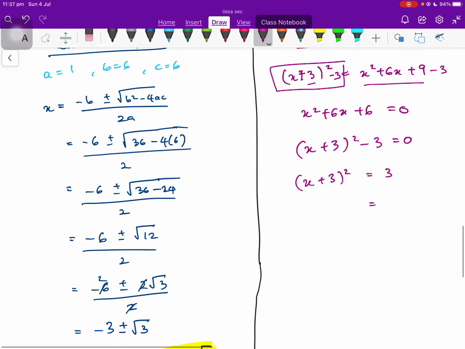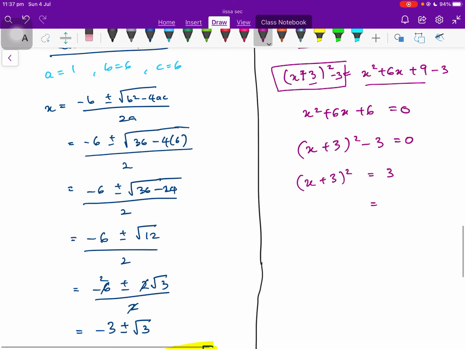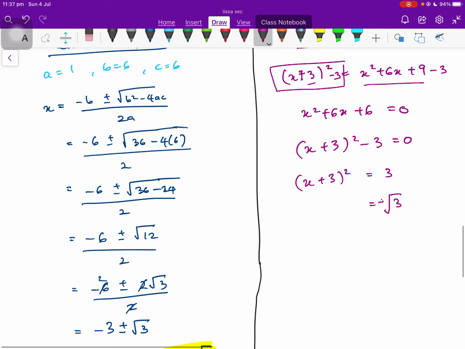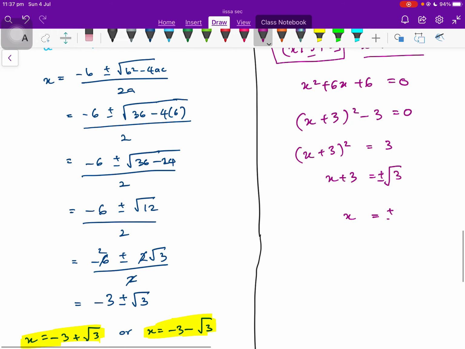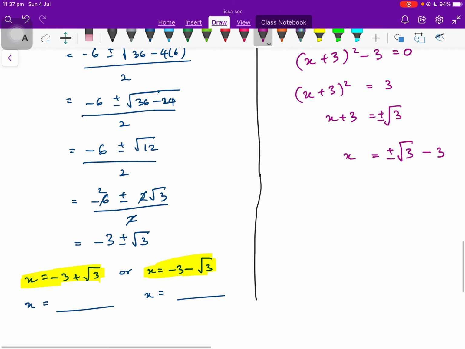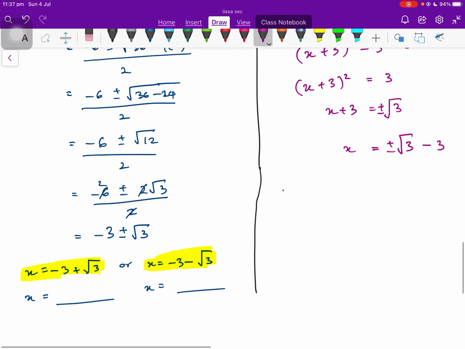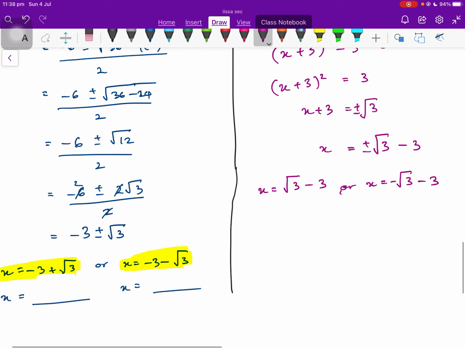So we bring the square over there, so it's going to be plus or minus, remember the plus or minus, x plus 3 equals plus or minus square root of 3. So your answer for x is plus or minus square root of 3 minus 3. So we can also write x equals square root of 3 minus 3, or x equals negative square root of 3 minus 3.